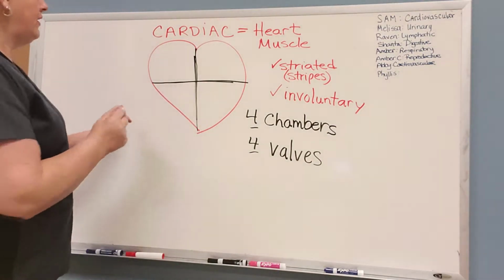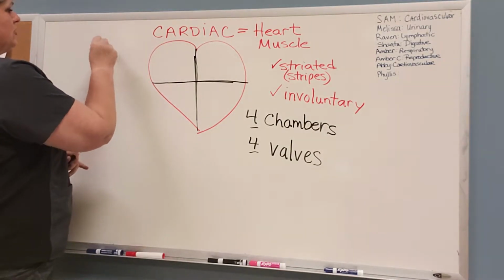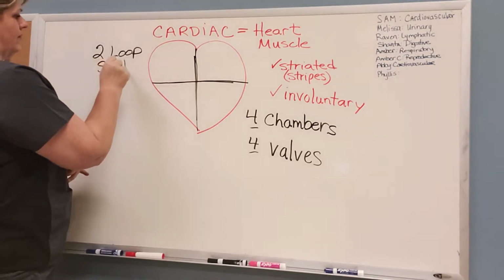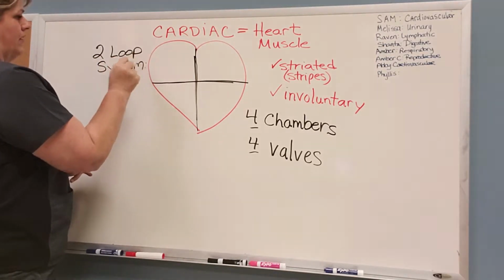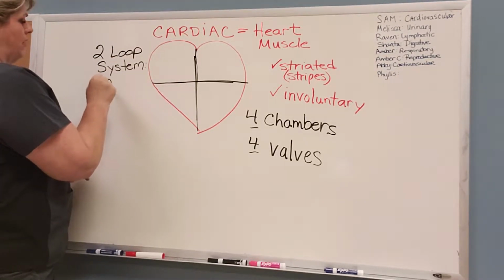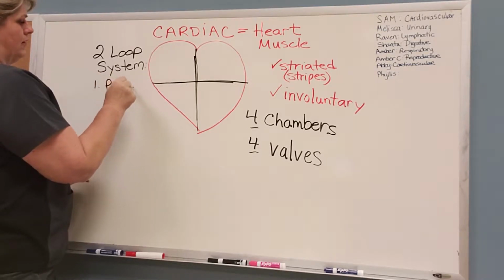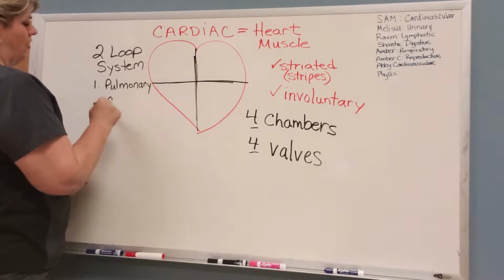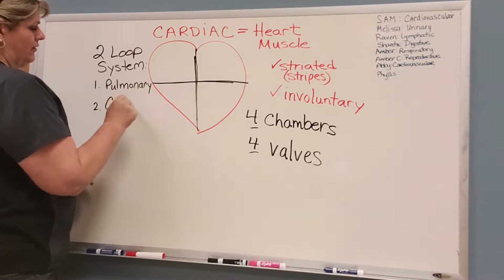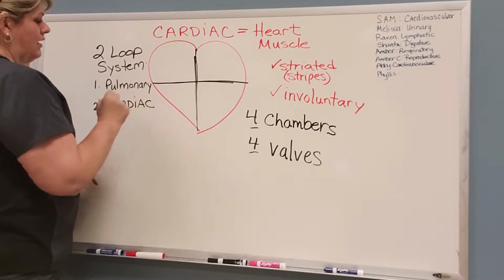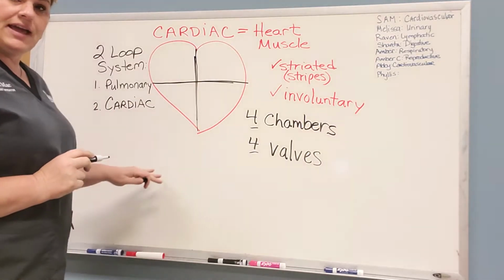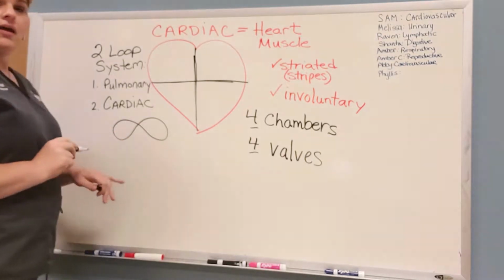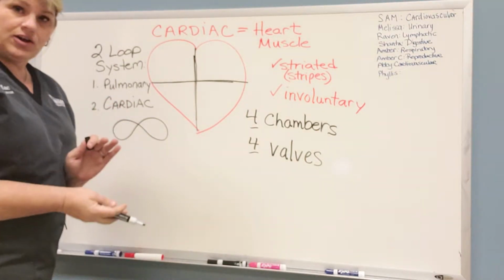Okay, the heart is known as a 2-loop system. One is the pulmonary loop, and the other is the cardiac loop. Now, while these 2 loops work together in sort of a figure-8 pattern, the 2 loops never connect.